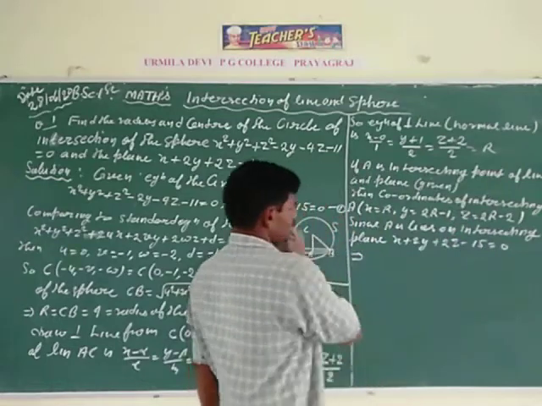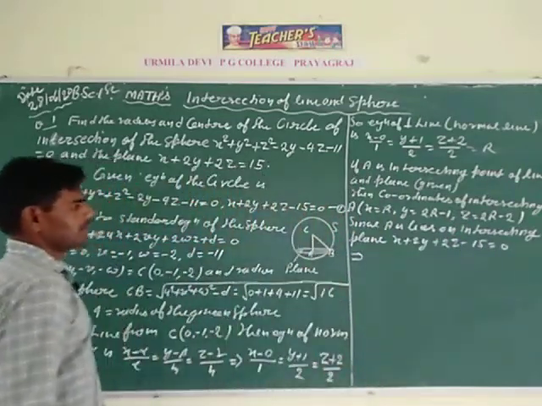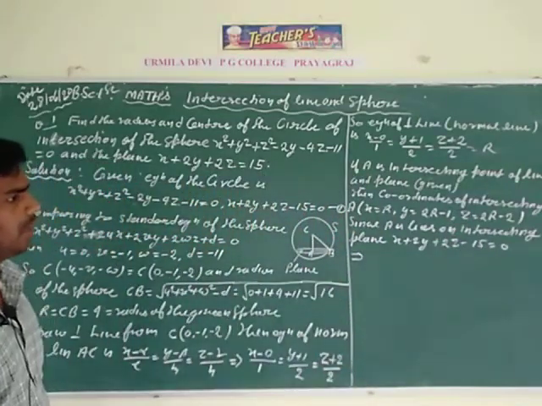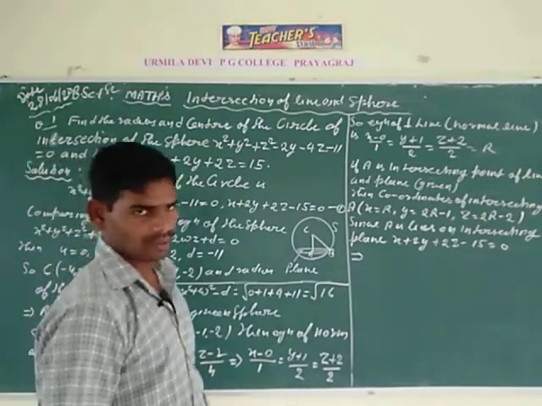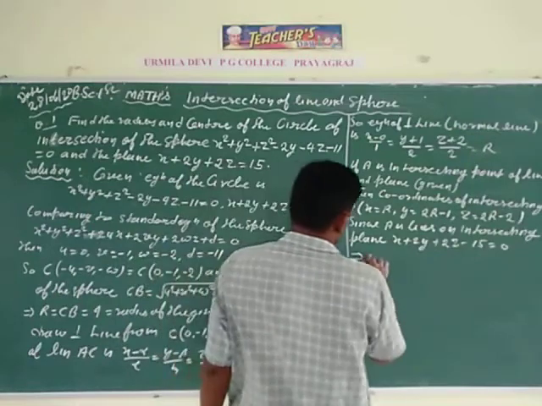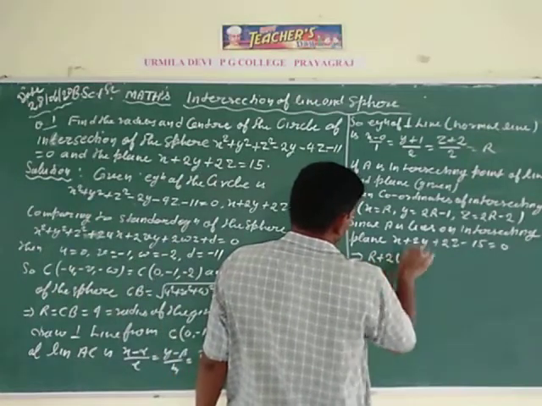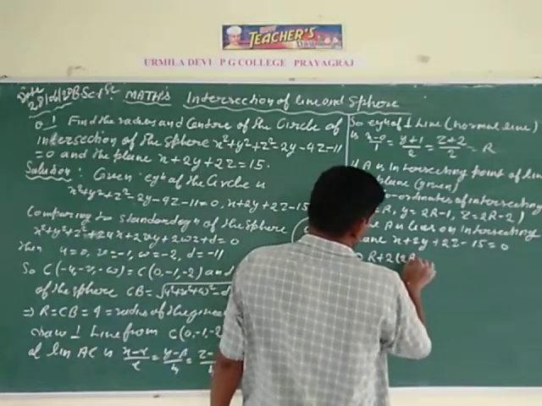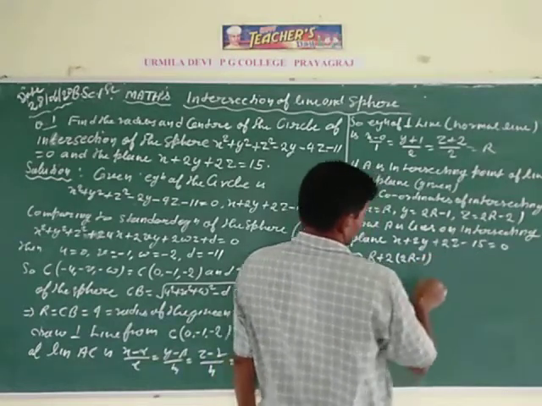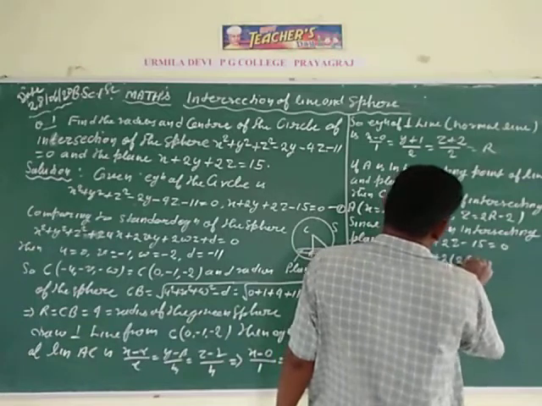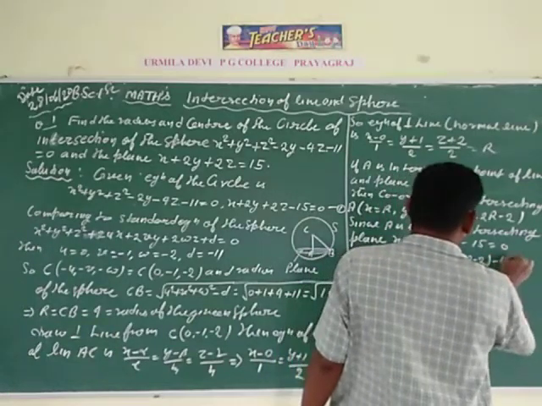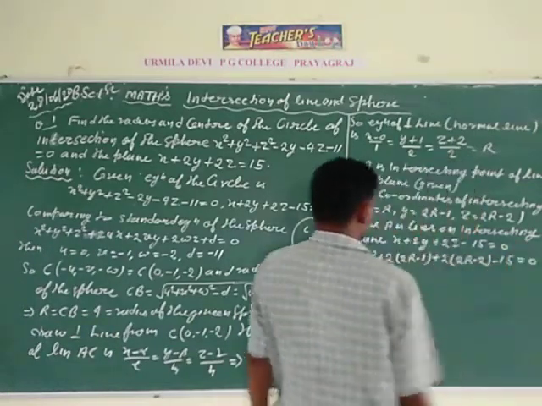In this equation, x is replaced by capital R, y is replaced by 2r minus 1, and z is replaced by 2r minus 2. So x plus 2 times y, replaced by 2r minus 1, plus 2 times z, replaced by 2r minus 2, minus 15 is equal to 0.